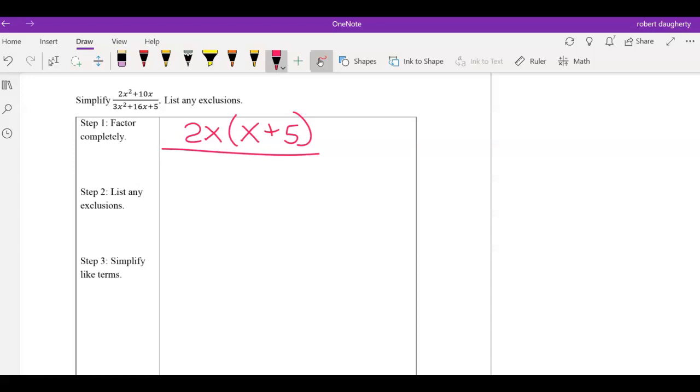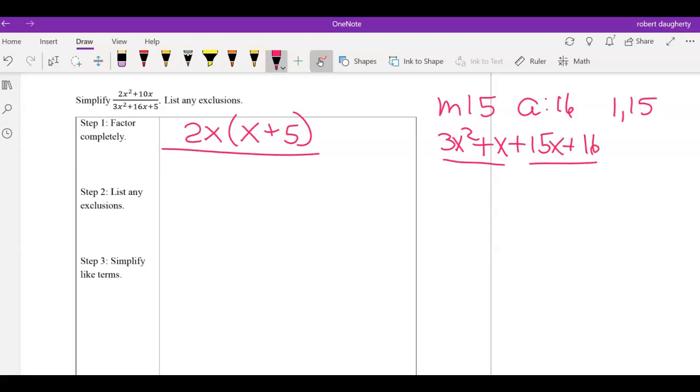And then if I look at the bottom of that fraction, I need two numbers that multiply to give me 15 and add to give me 16. And so those numbers are going to be 1 and 15. So that's going to be 3x squared plus x plus 15x plus 16.